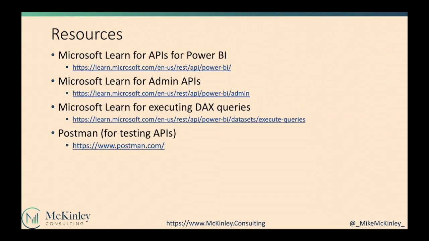All right, so for anyone who wants to learn more about the API, a quick call out. For the data set refreshes and for the DAX queries, there's a lot of stuff online, a lot of blogs. For the rest of these, the literature is a little bit thin, honestly, which means that you might have a hard time finding content.